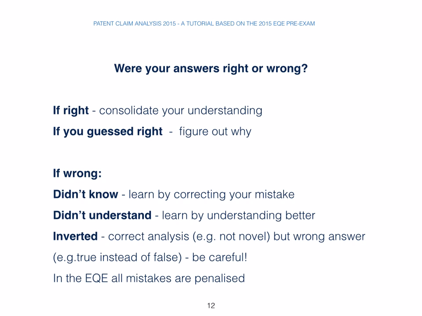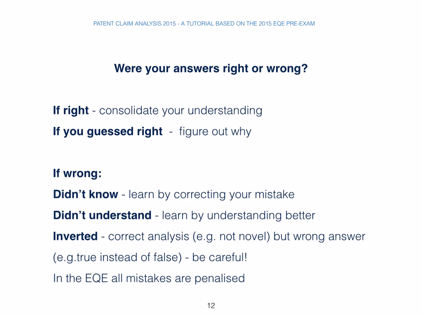If your answer was right, I would like you to consolidate your understanding by going through the details from the examiner's report that we'll come to in a minute. If you guessed the right answer, but you don't know what the basis is, going to the examiner's report is going to help you to figure out why your answer was correct.